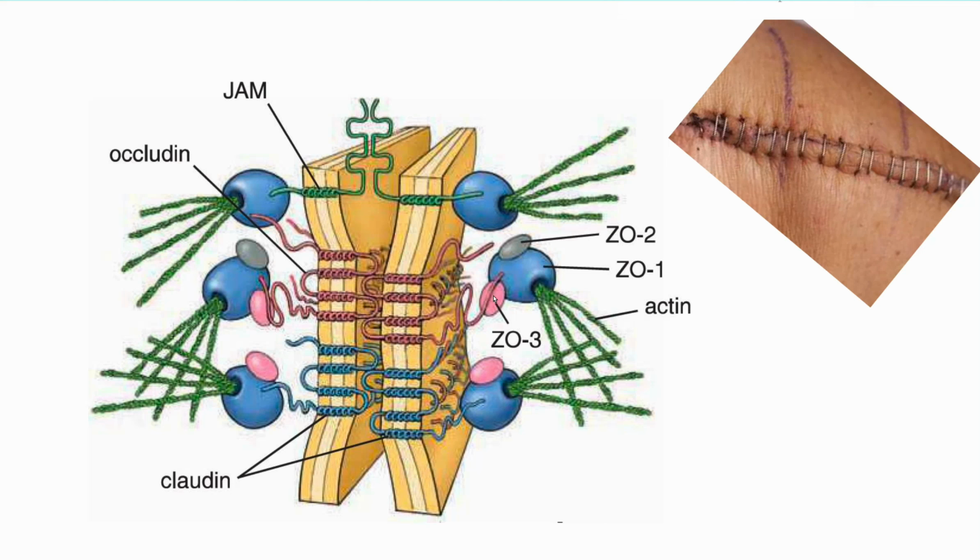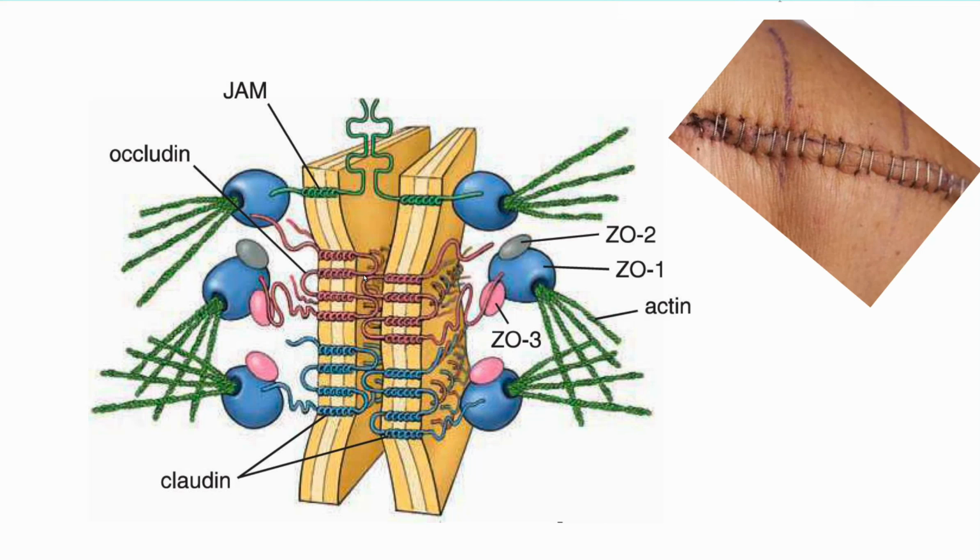The permeability of this tight junction depends not only on the complexity and number of strands present in it, but also on the presence of functional aqueous channels formed by various claudin molecules. As we mentioned at the beginning of the video, these tight junctions determine the domains.